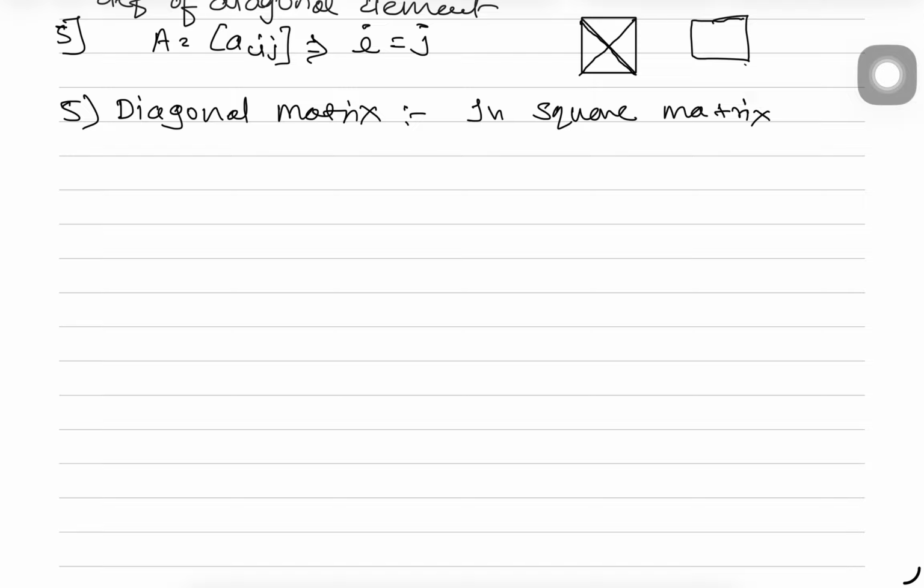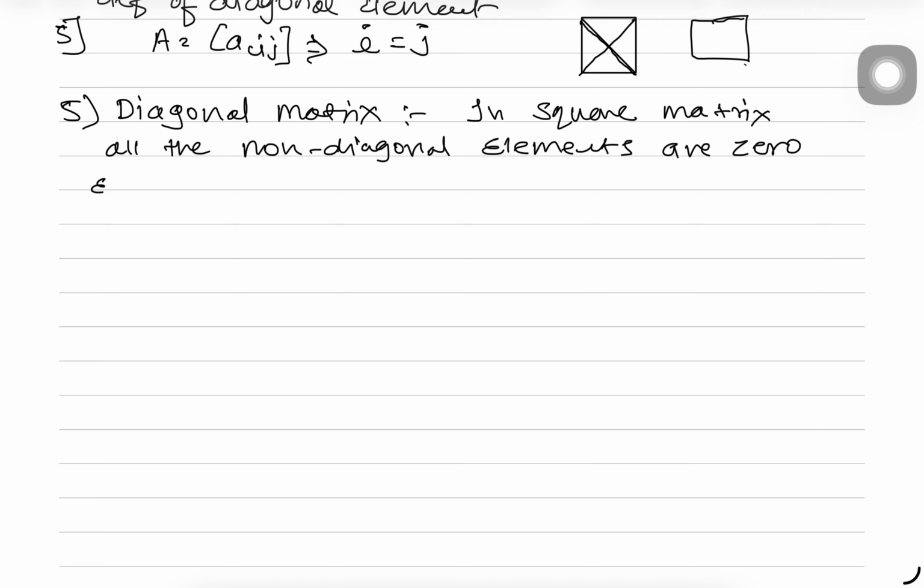In a square matrix, all the non-diagonal elements are 0.